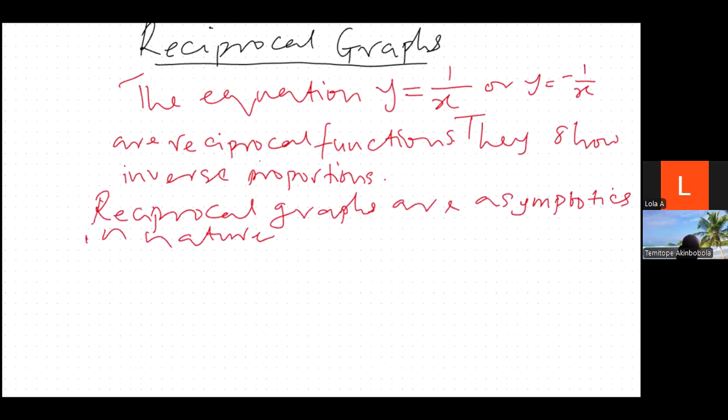Now, what do we mean by an asymptote? They are asymptotic in nature. So what do you mean by an asymptote? I want you to write this so that we can now discuss what an asymptote is.